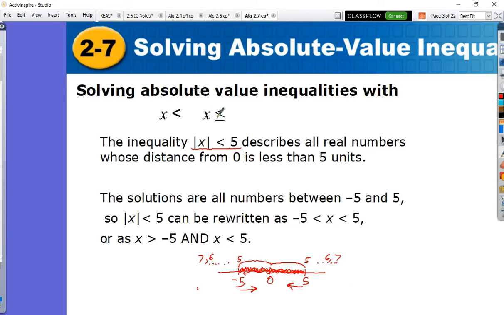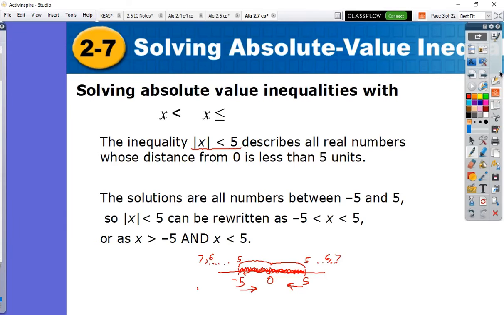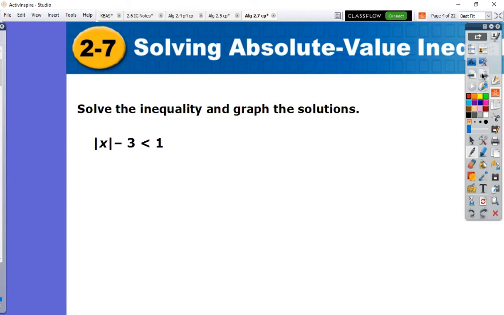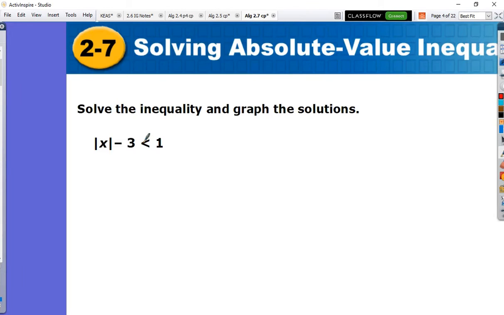So let's take a look at solving some equations and what that is going to look like. Here's our first one. Now notice right away, x is over here on the less than side. What we need to do is cancel out anything that is not part of the absolute value, just like we did in chapter 1. So we're going to go ahead and do that. Instead of -3, we're going to add 3, add 3.